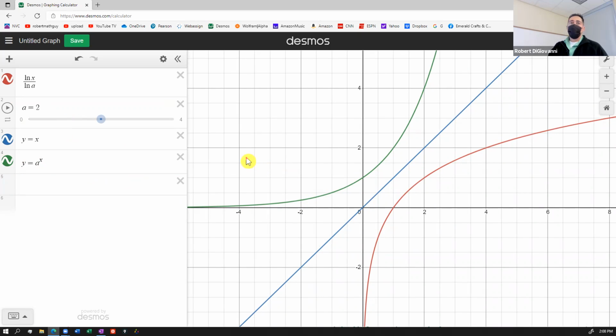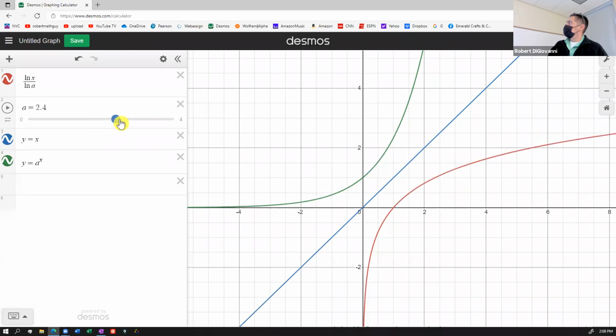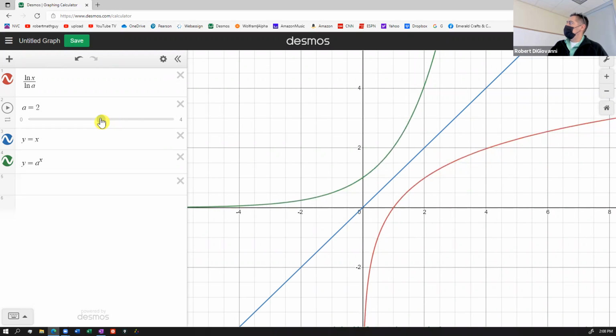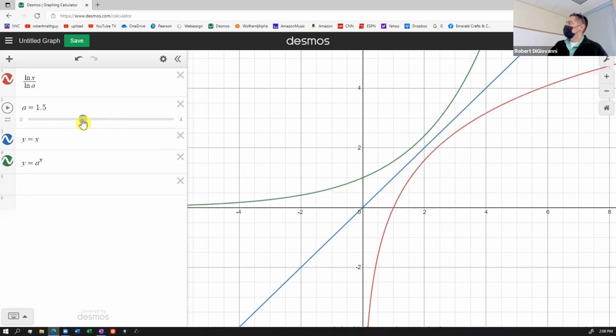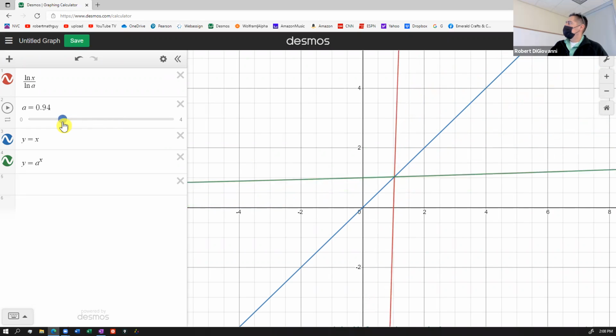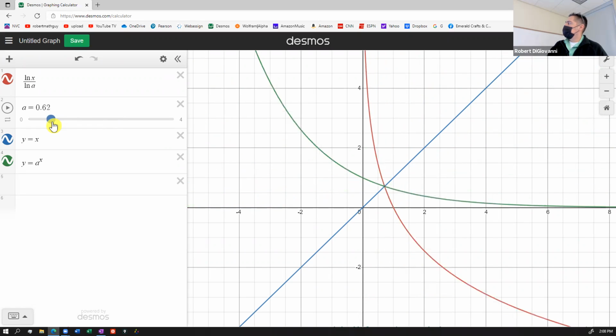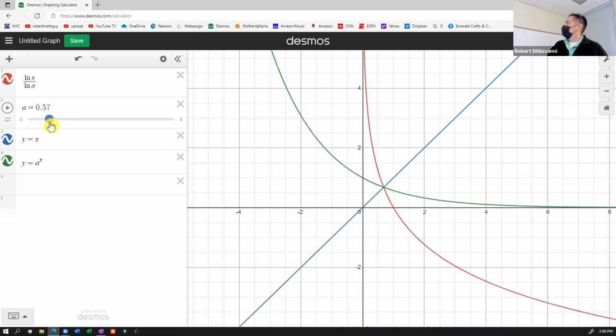We talked about in a previous class what happens to the green one, right? If I change the base, we said if you make the base get bigger, it's going to grow faster. And what happens if I go less than 1? The green one starts going the other direction, right? Like that. Well, look what happened to the red one.